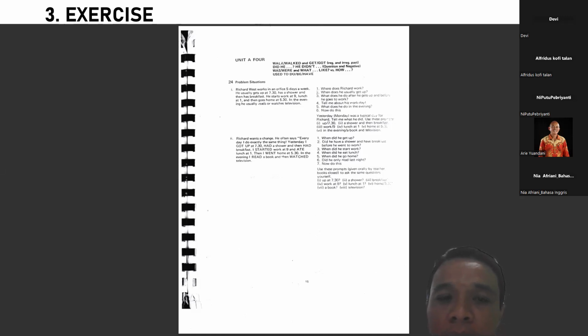Number 2, a shower. About Richard, not about you. He got up at 7:30, and then took a shower. By using "has," the past form of "has" is "had." He had a shower, and then had breakfast.